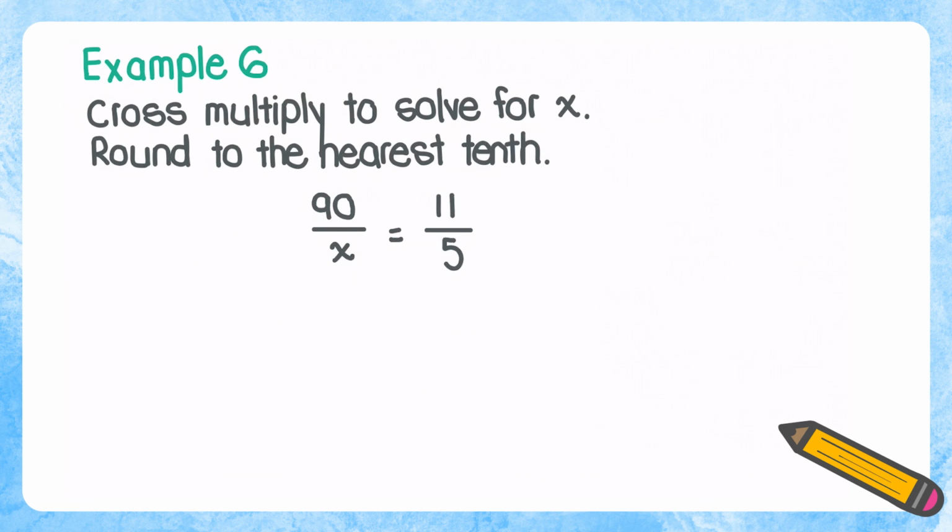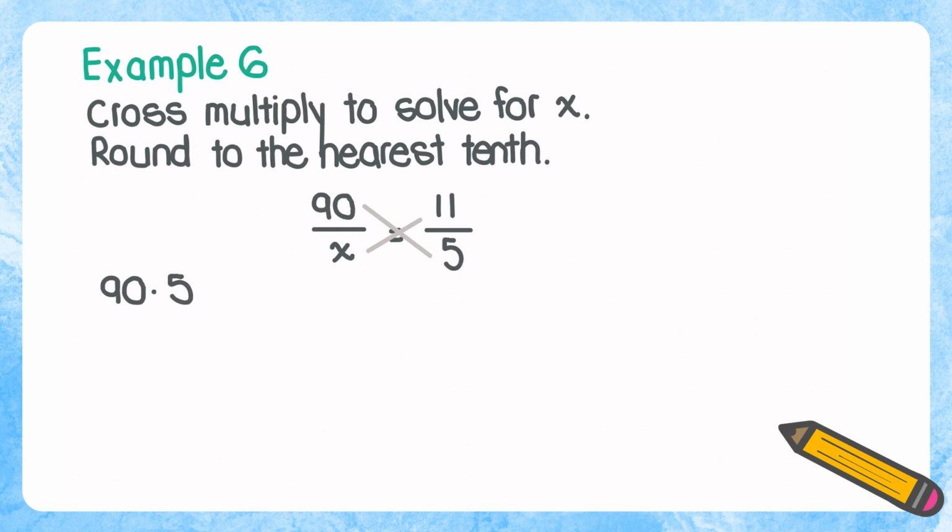Let's look at one last example for today. We have 90 over x equals 11 over 5. We're going to cross multiply to solve for x and then round to the nearest tenth. So we cross multiply. 90 times 5 equals x times 11.